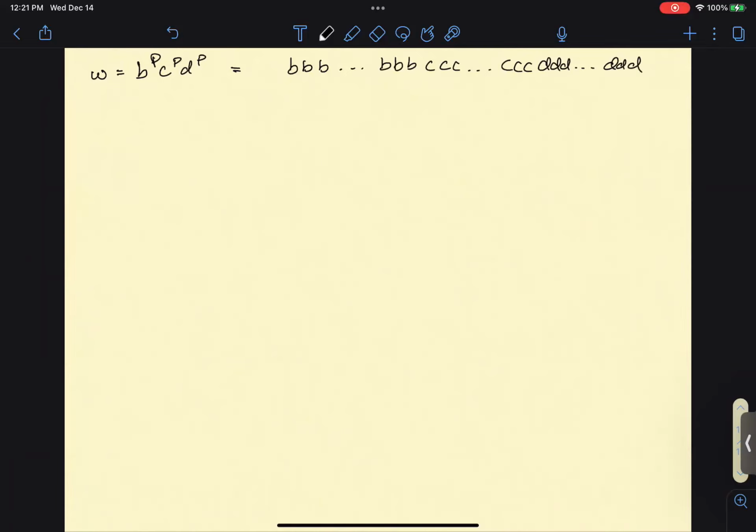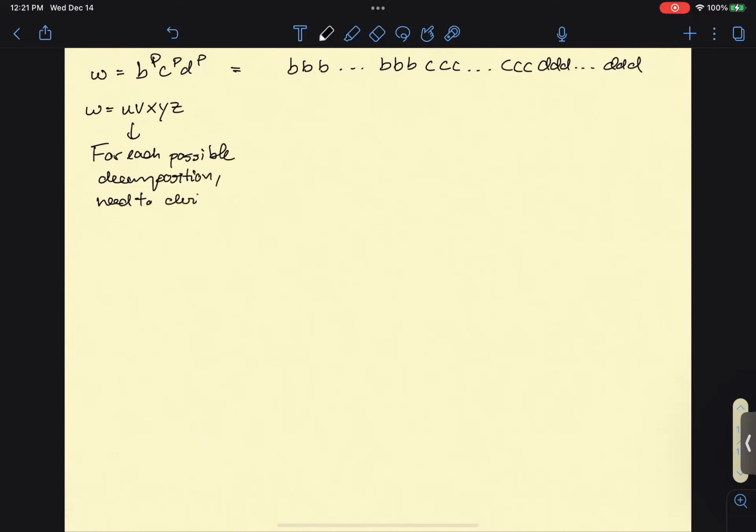The possible cases stem from the decomposition UVXYZ. Again, this is my notation, not the same one as in class, but it doesn't really matter. For each possible decomposition, I need to derive a contradiction.